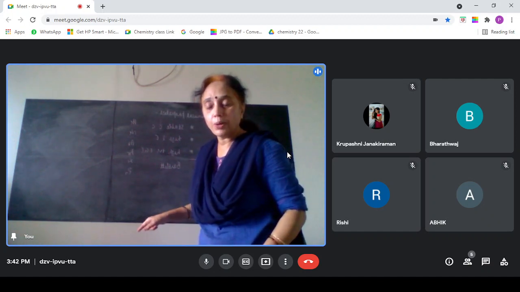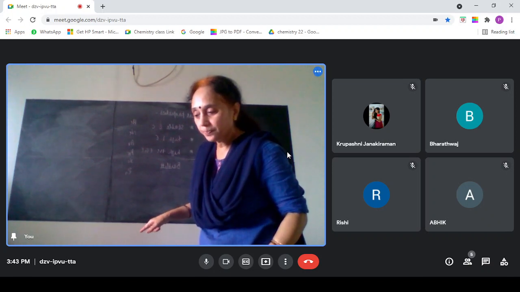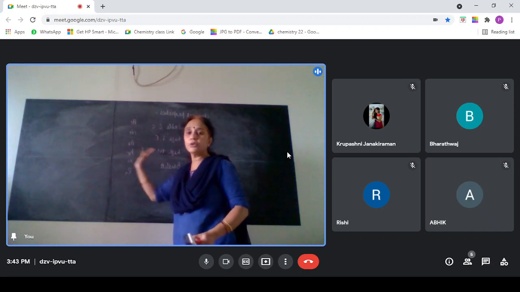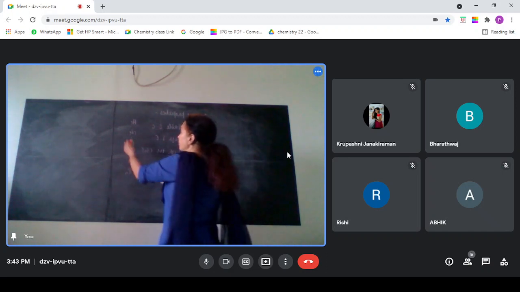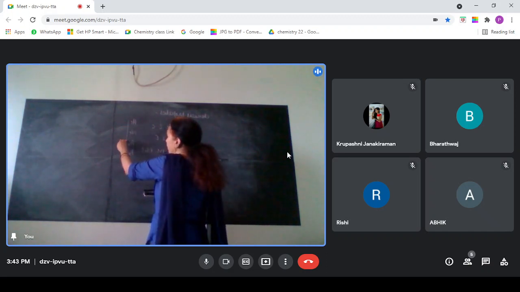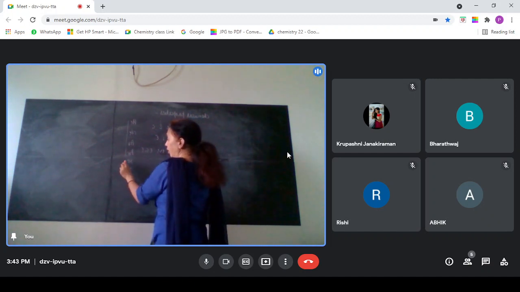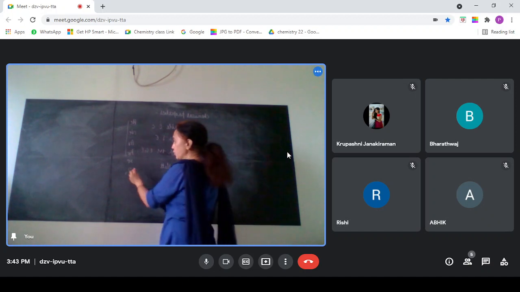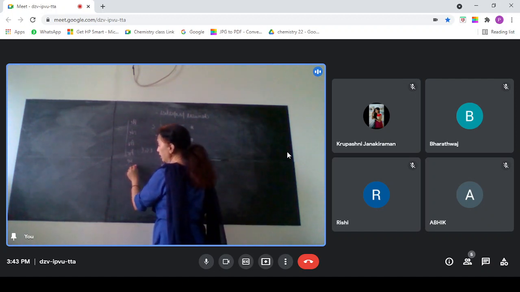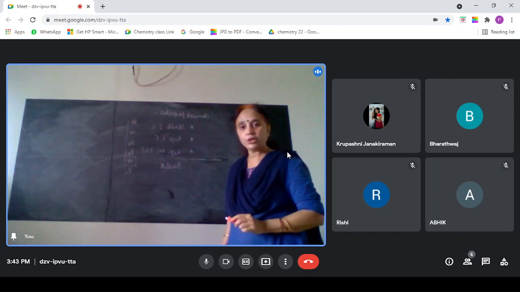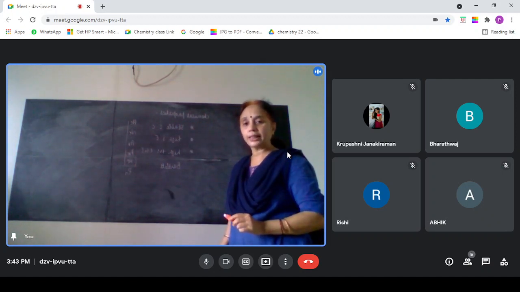As you go down the group, ionization enthalpy decreases because of the size. It is easier to knock off the electron. So it's very difficult to knock off electron from these four. Radon is a radioactive element. So the only element which can form compounds is xenon here, because of the very low ionization enthalpy.